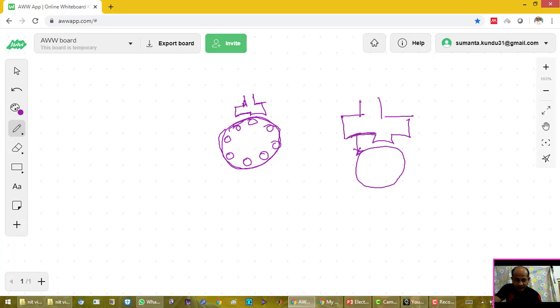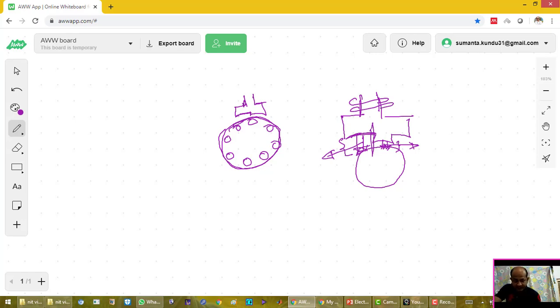Here the air gap is much higher than this part of the pole face. That means the air gap under one half of the pole face is more than the air gap under the other half of the pole face. And this is my core of the pole, and here windings are connected.